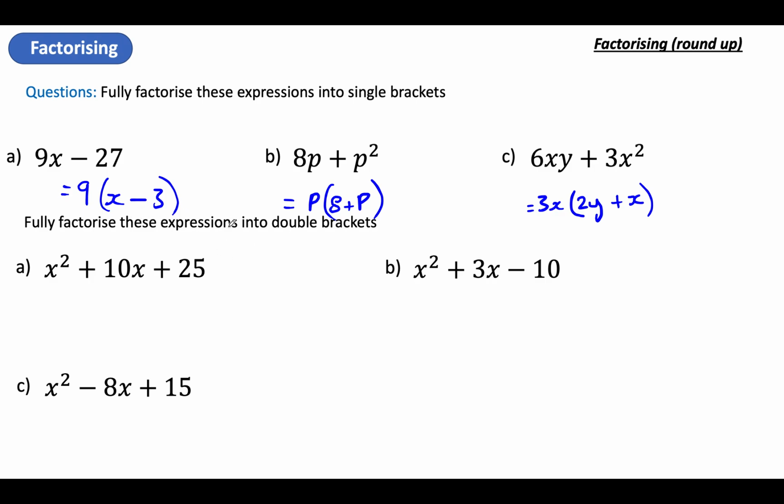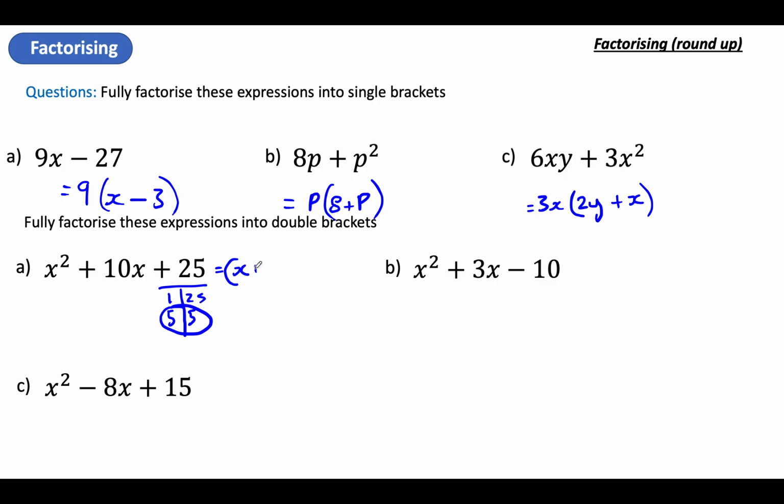Fully factorise these expressions into double brackets. So first of all, factor pairs of the end number. Well, 1 times 25 makes 25, and 5 times 5, and that's it. Those are the only pairs. Now, which pair adds up to make the coefficient touching x? It's these two. So I put it into a double bracket with those two numbers.